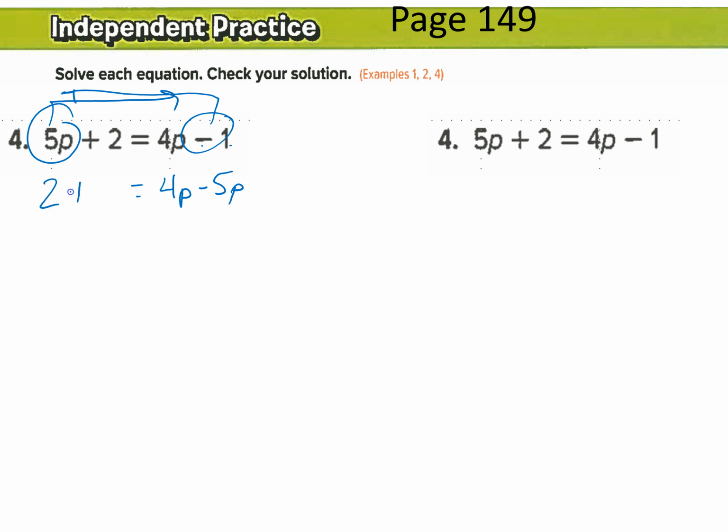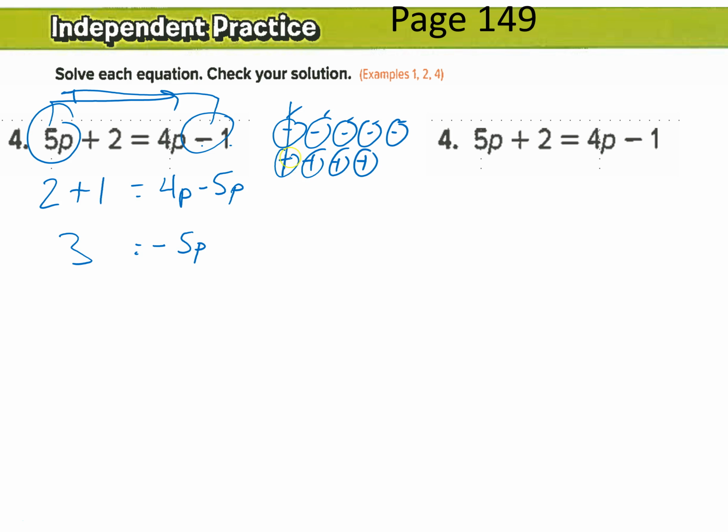So I have 2 plus 1. So now I have 3 equals negative p, written as 4p minus 5p. Now why is that minus? Because with 5 negative and 4 positive, I am more negative than I am positive.